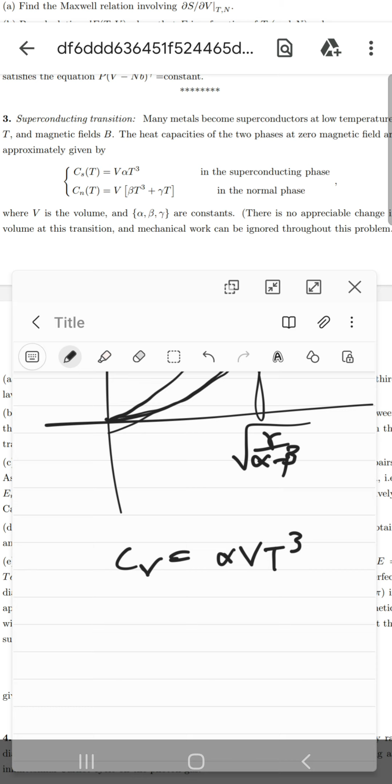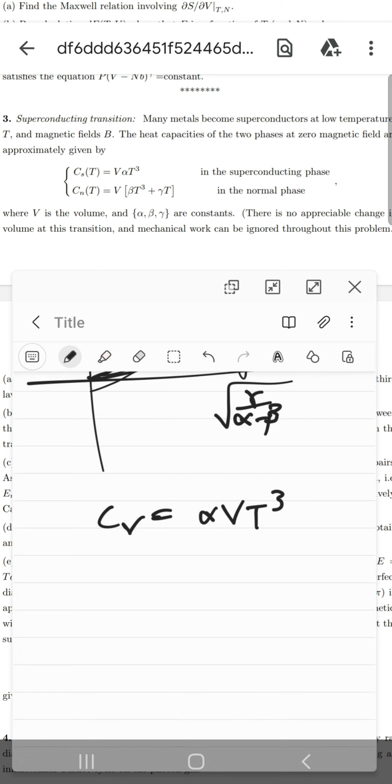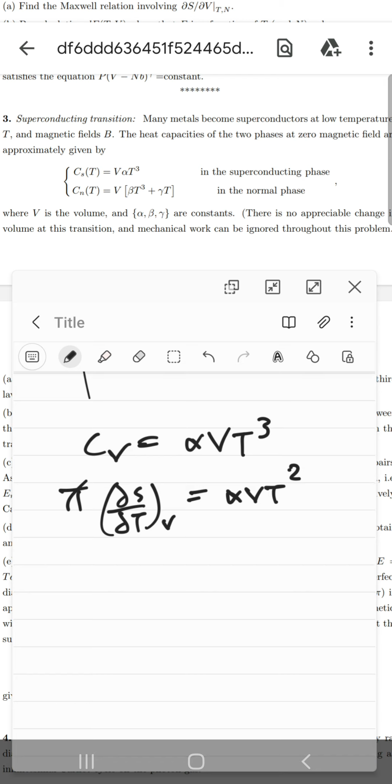So from here what we want to do is figure out the entropy. Cool. So this is obviously just T partial S upon partial temperature at constant volume, that's equal to alpha V T cubed. So what this implies is that it's just alpha V T squared. And so using this we can just say that S is alpha V upon 3 T cubed plus some function of the volume.